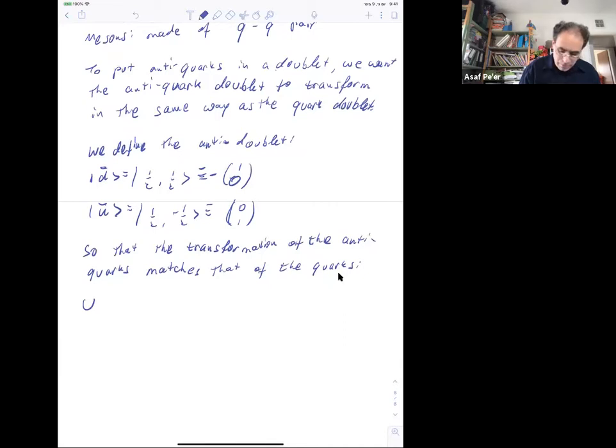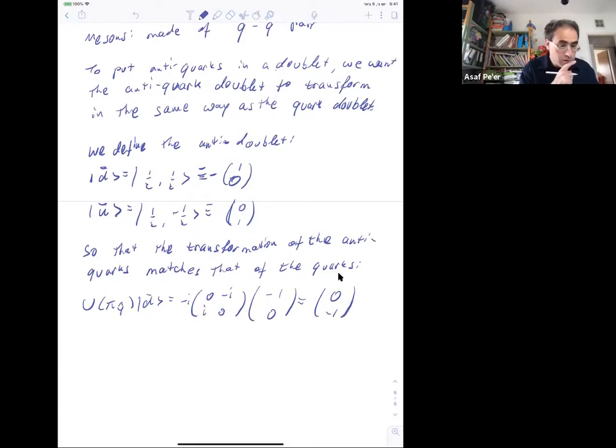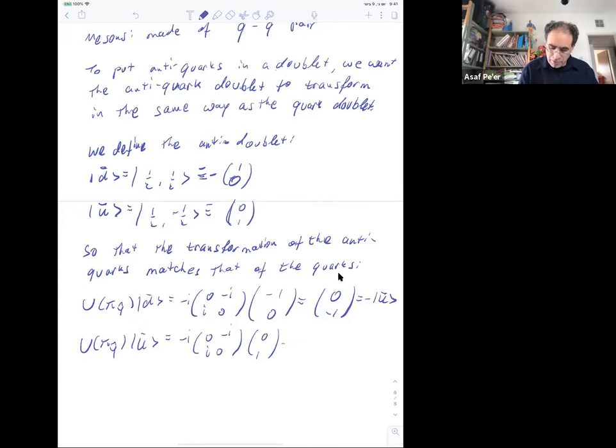Along the y direction, the down: this is minus i 0, minus i 0, the minus 1 0. That's a 0 minus 1. So that's a minus up. The up: minus i 0, minus i 0, 0 1 is again a minus 1 0. So this is the down.